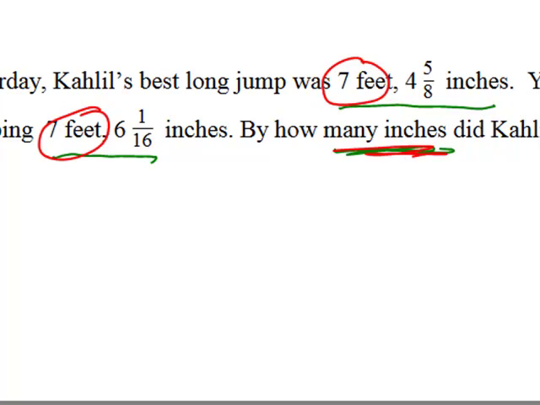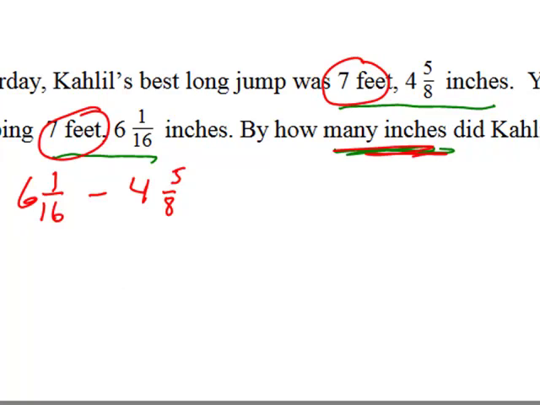Instead, what we're looking at is the 6 1/16 minus the 4 5/8. That will tell us how many inches he surpassed his previous record.